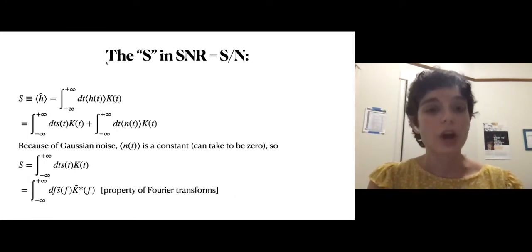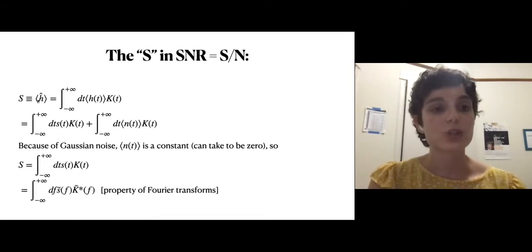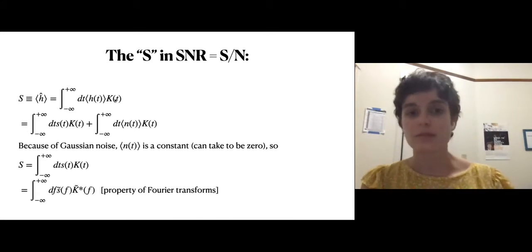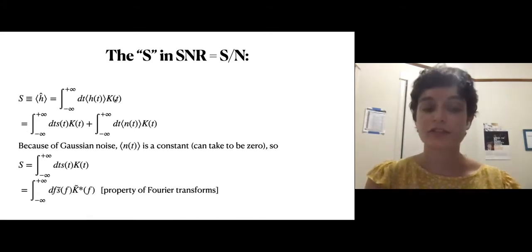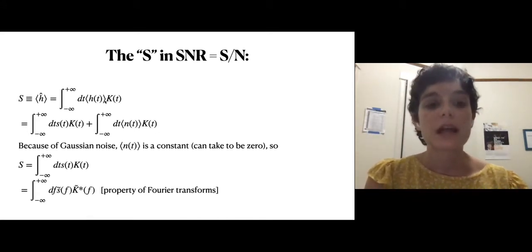So let's start with calculating the S in the signal to noise ratio, which is this expectation value of h hat. You can see we just rewrote the definition for h hat here. Now k(t) is just our filter. That's a constant in different noise realizations, but h(t), we want to take the average of that over different noise realizations.